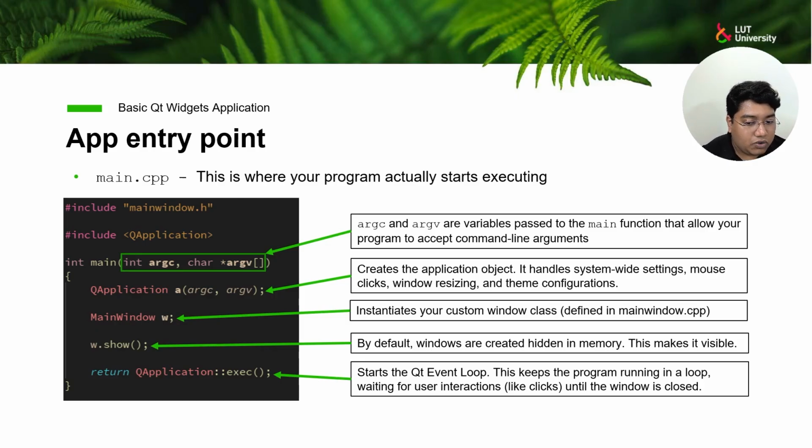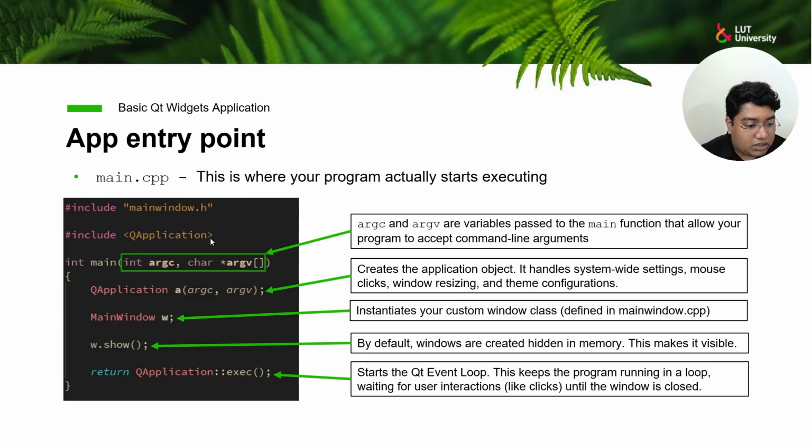And finally, we call exec. Remember the event loop we discussed a few minutes ago? This is where it begins. Once this function is called, the application starts waiting for mouse clicks, keyboard presses, timers, and every other event that happens while the program is running.